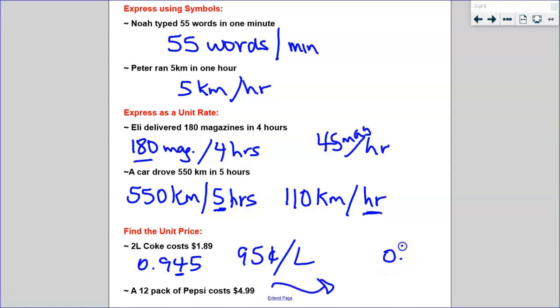Okay, so 0.415 is what I'm going to look at, because again, this rounds because it's money, and we'd get, you could either put $0.42 or 42 cents per can, which I prefer. Okay, so now you know how much you're paying per 1 can.